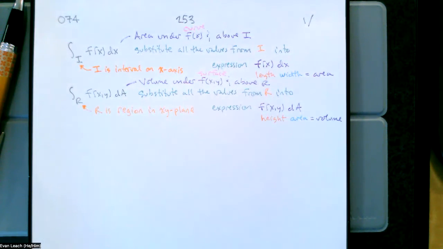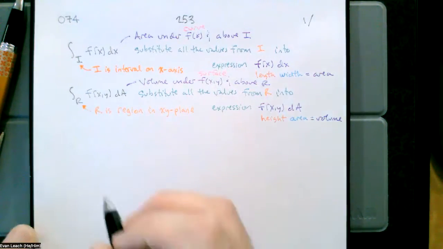Once we say we're plugging in a bunch of points from a region, now things are going to get weird. Intervals, very simple. All we need is a start and an end. Regions can be all kinds of things.